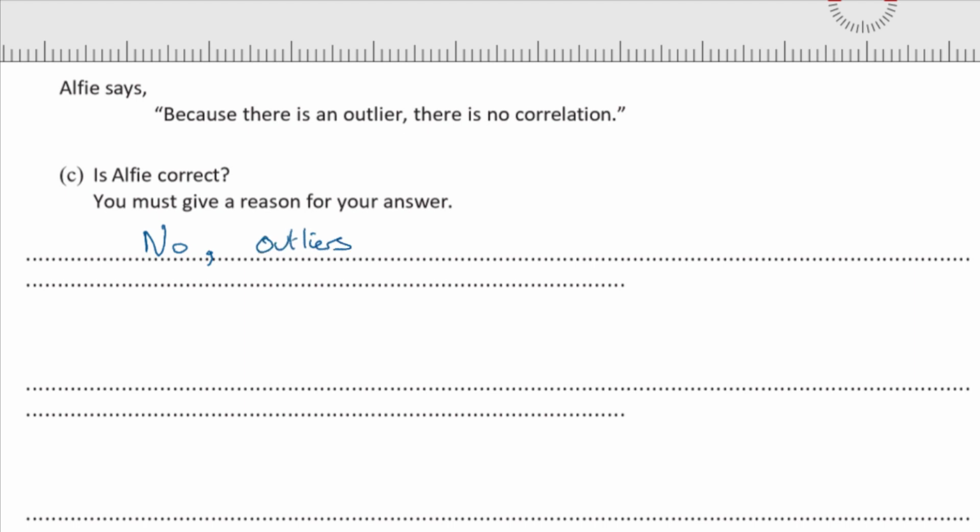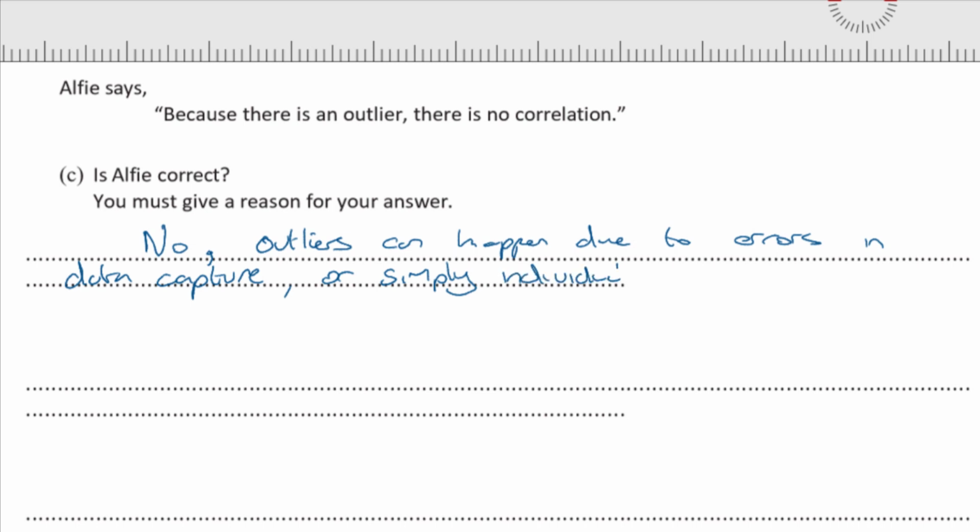Outliers can happen due to errors in data capture or simply individual cases that don't fit the overall pattern.